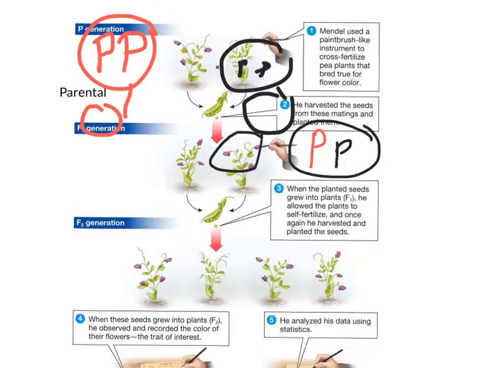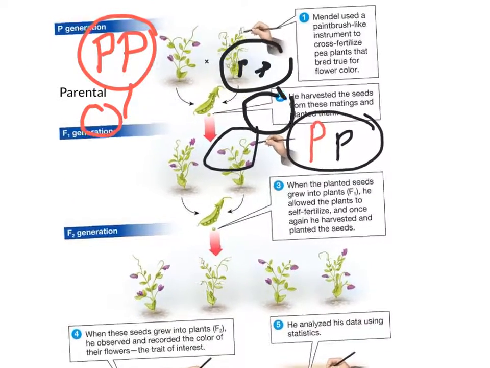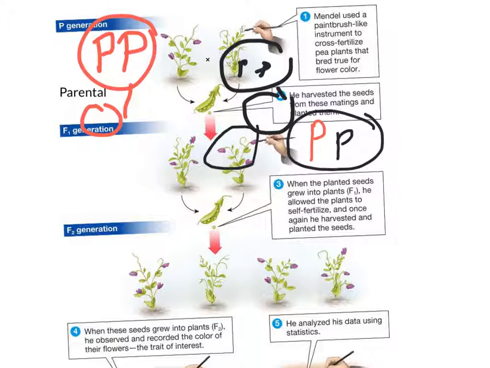Okay, now let's go up. So we now have, first of all, P, small p, the crosses result in large P, small p.